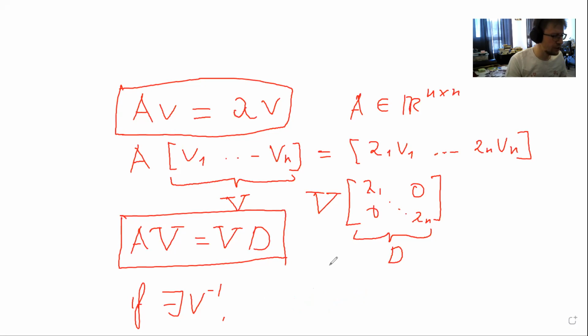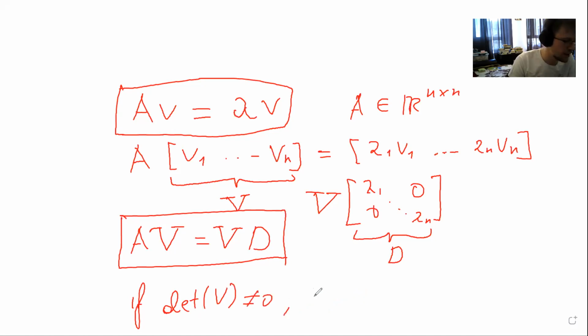Why do I make such a complicated statement? I can write it like this actually. If the determinant of V is not equal to 0, so if it is not degenerate, then we can multiply both sides by V to the power -1, so V inverse on the right, and we get A equal to V D V^-1. And that's Eigen Decomposition.